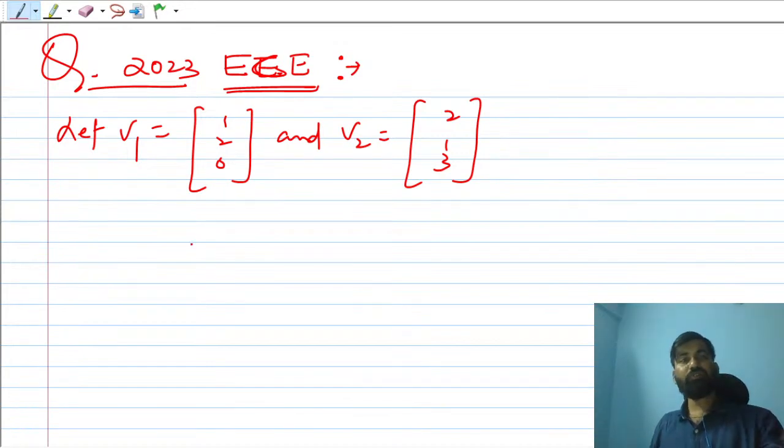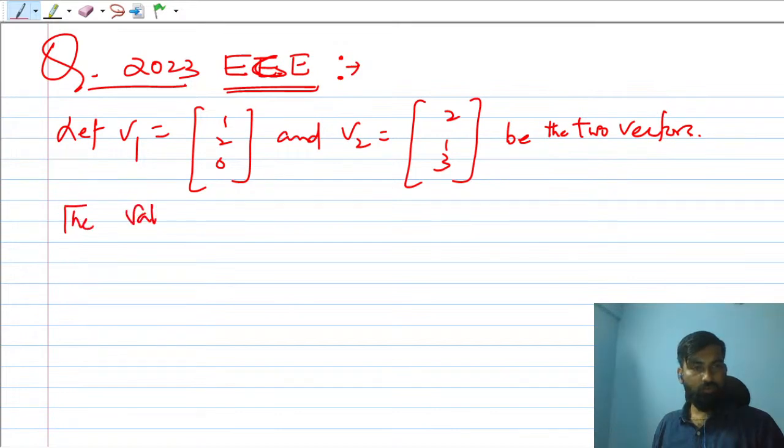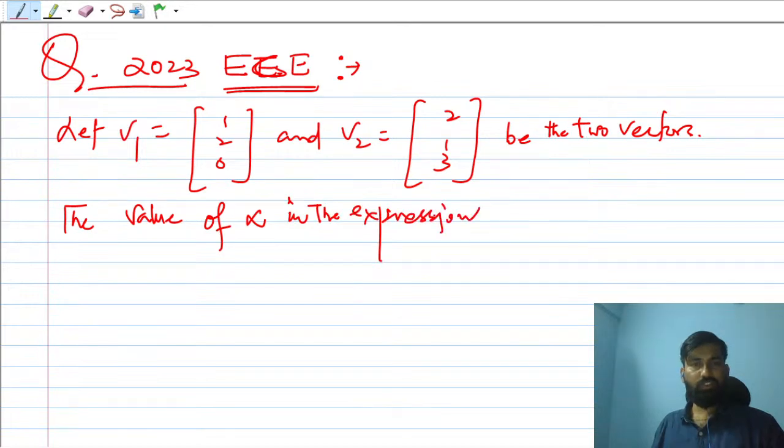So v1 was this and v2 was that. Let v1 and v2 be the two vectors. The value of the coefficient alpha in the expression, they are asking the value of alpha.